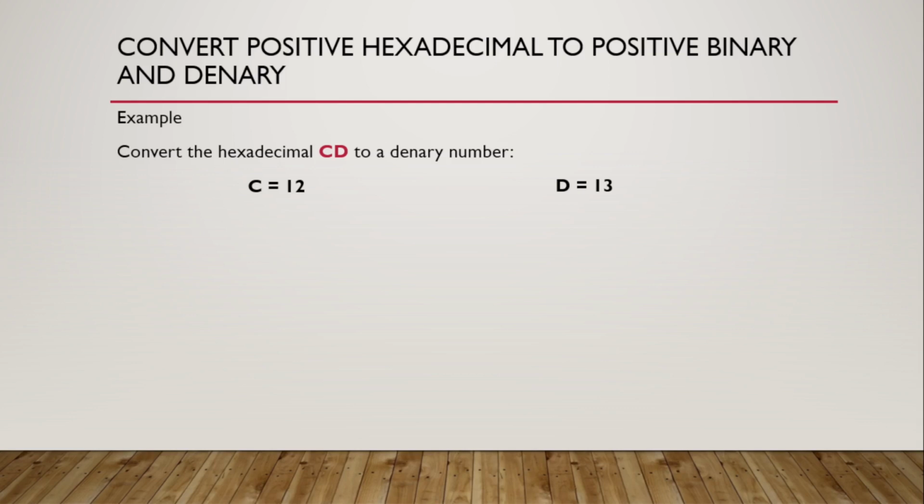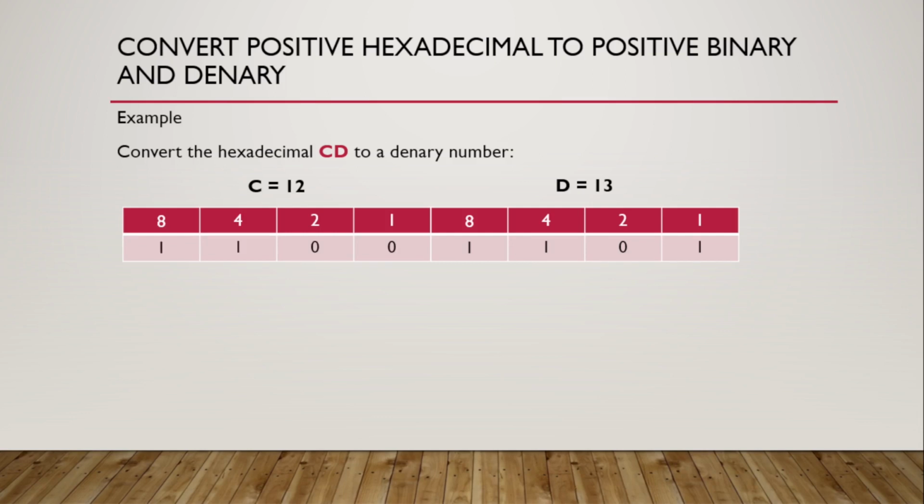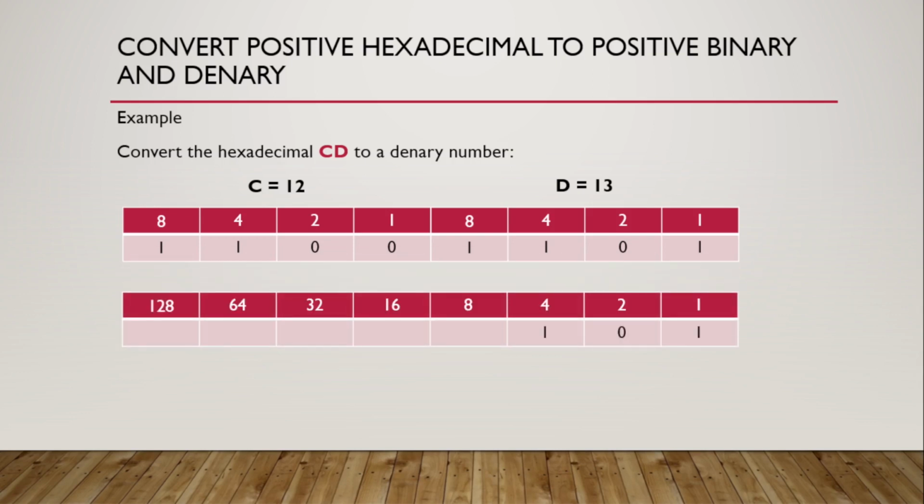The denary equivalent for C is 12 and the denary equivalent for D is 13. We get the tables for each one of them, and the corresponding binary for 12 and 13 have also been included in the table. For this, we combine the table. So instead of having 1248, 1248, we continue from the last 8: 1248, 16, 32, 64, and 128.